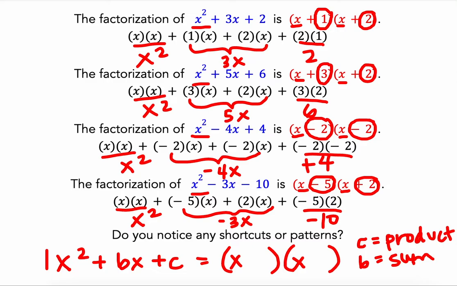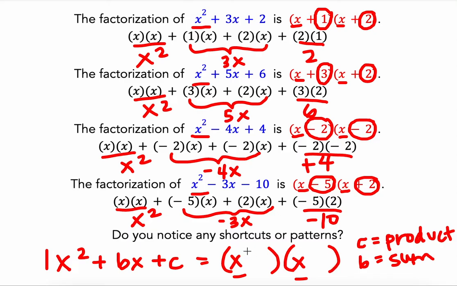So go ahead and put that into your notebook, and then we'll do 2 problems to practice. Okay, so before I move on to the next screen, I know that this only works when the coefficient for the first term in your quadratic expression is 1, so that I start off with x and x inside.